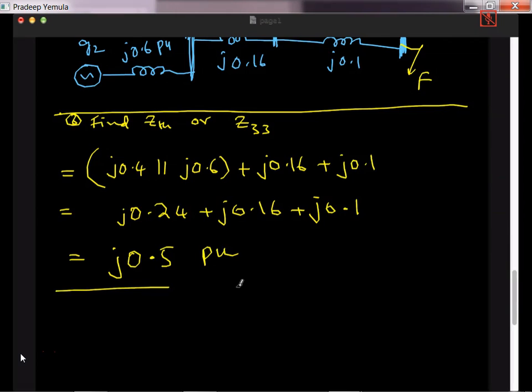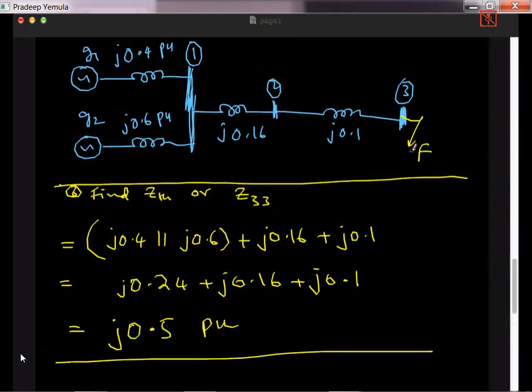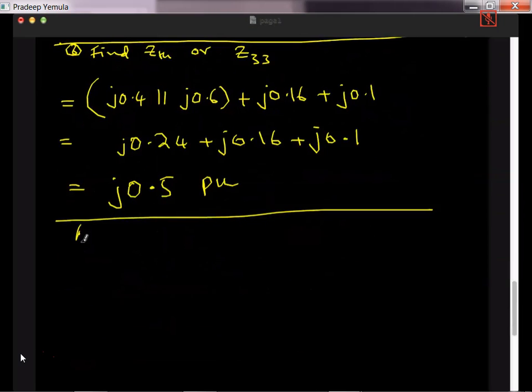Now, no information is given about the fault impedance, so assuming Z fault equal to 0 ohms, that means it's a dead short circuit. So I can find the fault current.